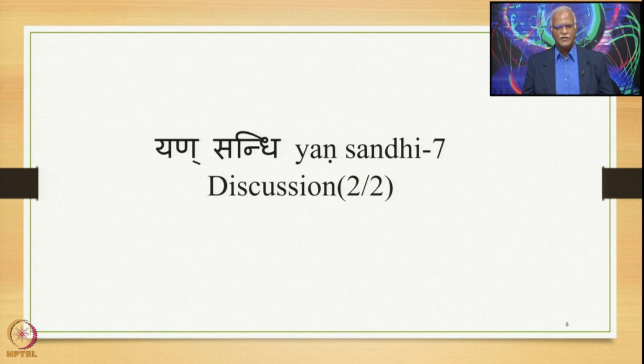We have studied yan sandhi in detail now. First we studied the sutra Iko Yanachi 6177, which states the yan sandhi. We then looked at its meaning. We then introduced the Uddeshya Videya Bhava, and we also studied the sutra Anudit Savarnasya Cha Pratyayaha.